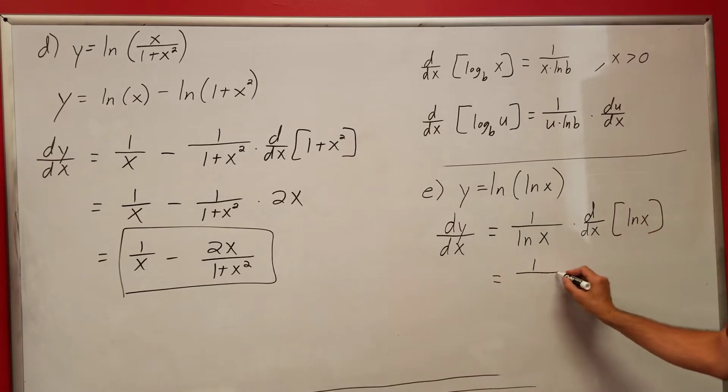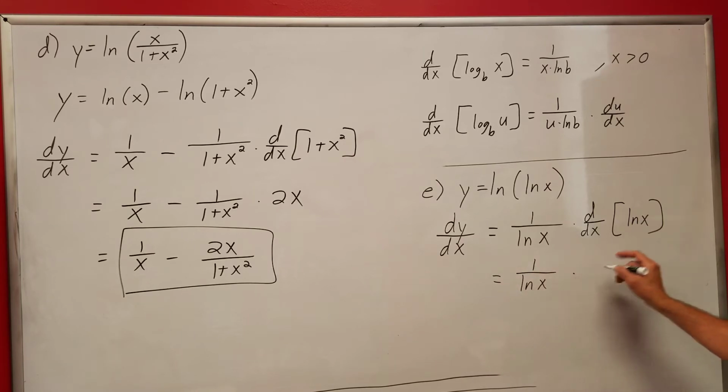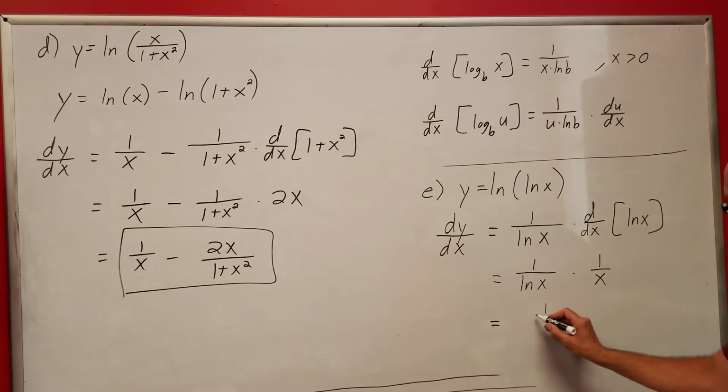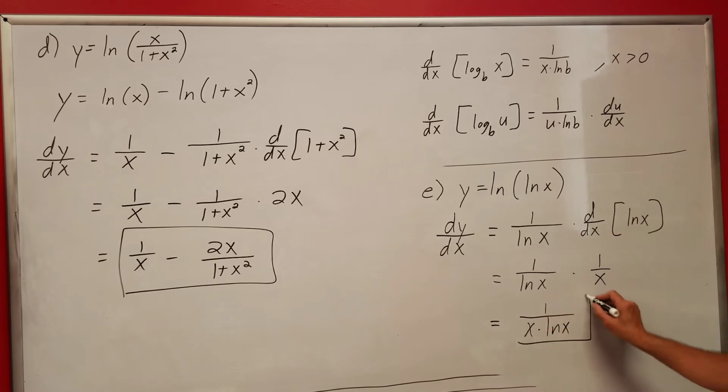So that's 1 over natural log of x times the derivative of this, which is 1 over x. And if I multiply, I get 1 over x times natural log of x.